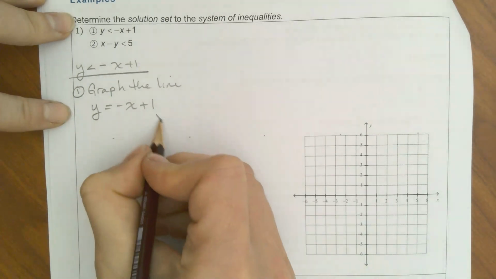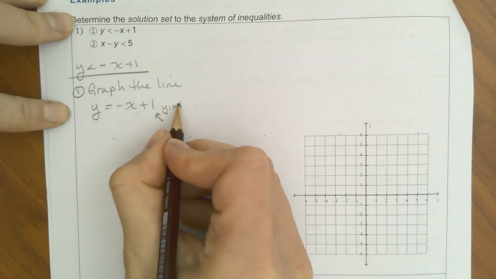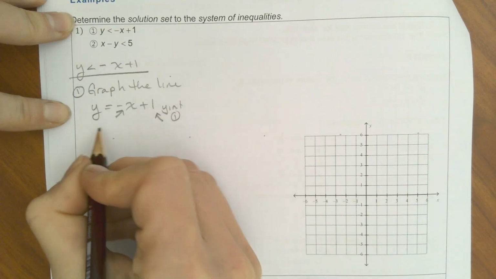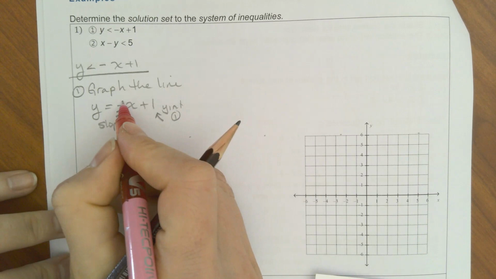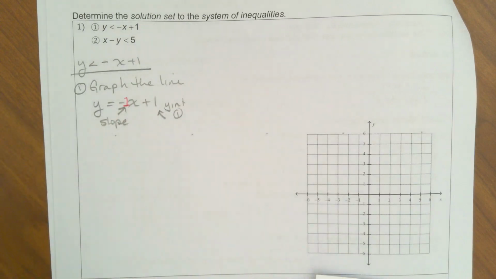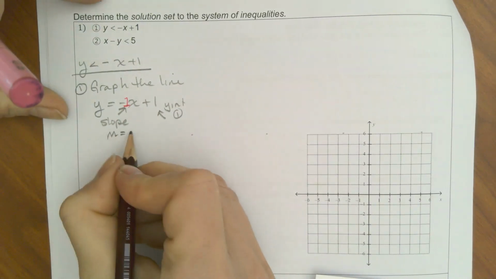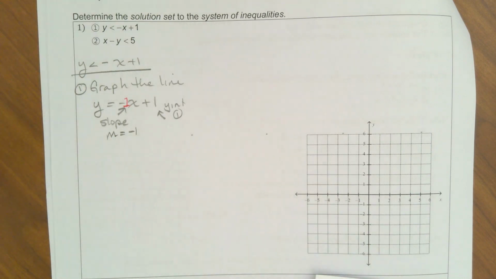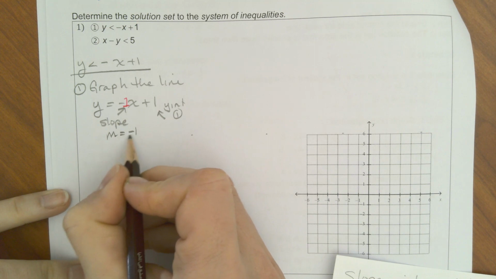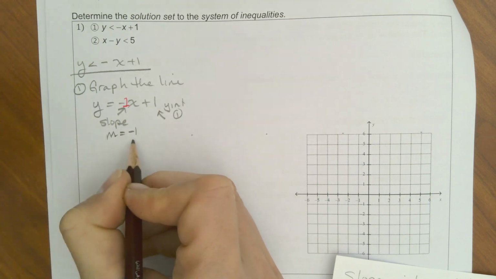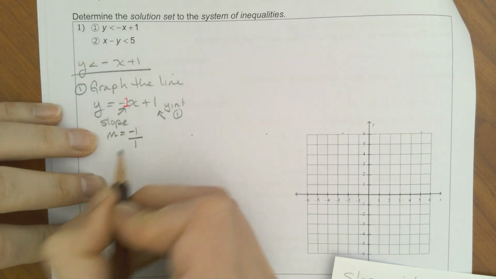This is my y-intercept, and this is my slope. Because there's no number there, there's really a 1 that's hiding. So my slope is -1, but we need it as a fraction. Any number that we have by itself, if we want to make it a slope as a fraction, we just put it over 1.